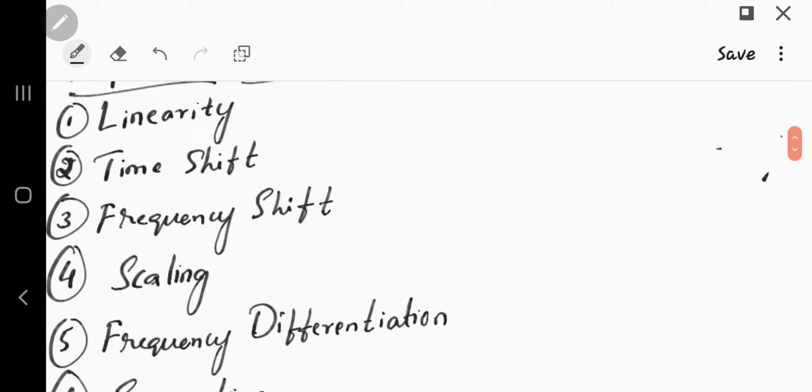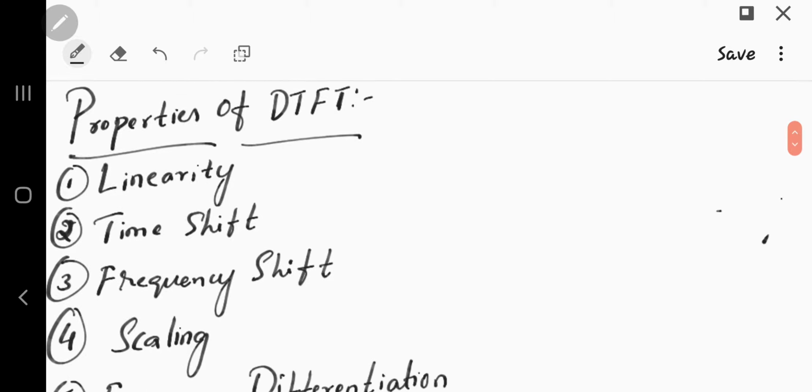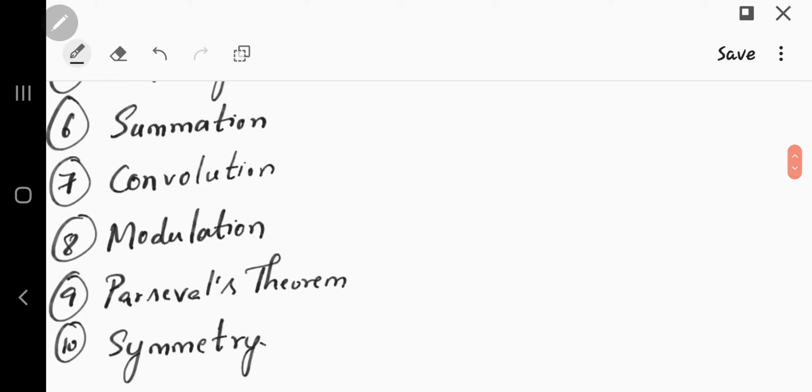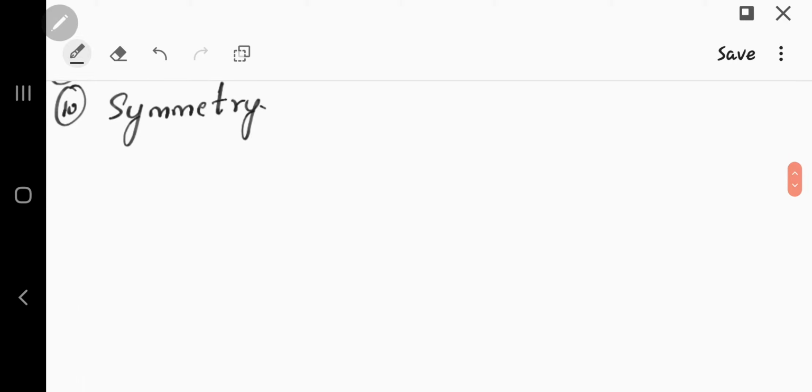So these are the properties of the discrete time Fourier transform. We have 10 properties here. Let's take them one by one.